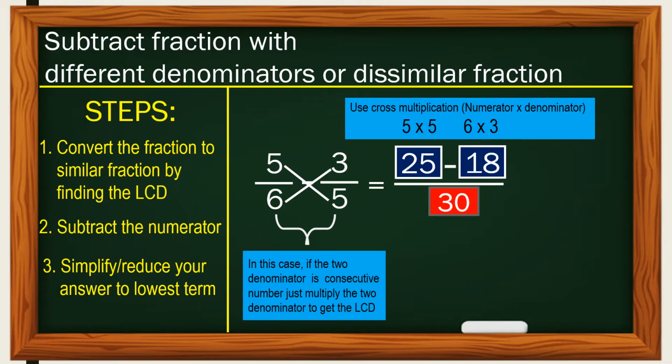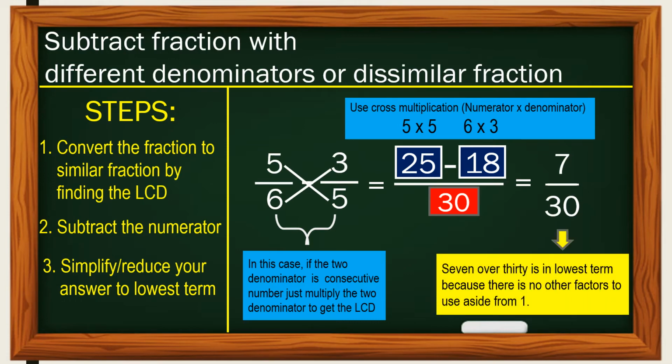Then affix the subtraction. Then, equals. So, 25 minus 18 is equal to 7 over 30. Then, 7 over 30 is in lowest term because there's no other factors to use aside from 1. So our final answer is 7 over 30.